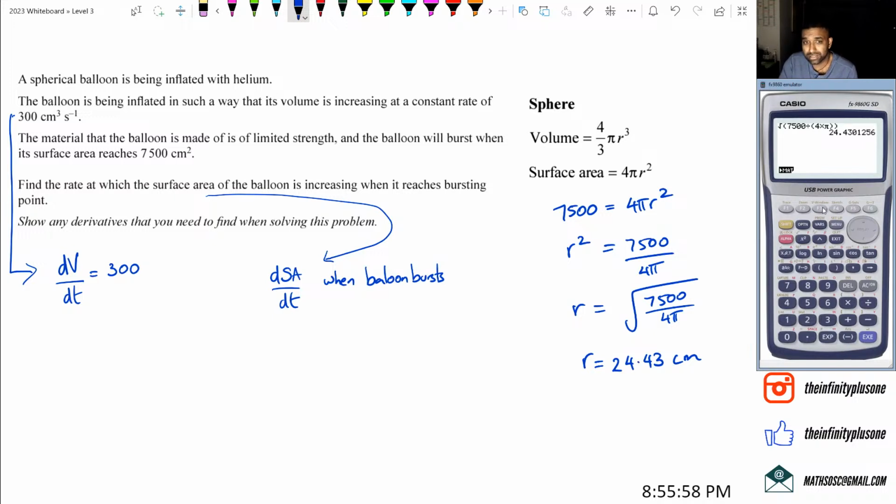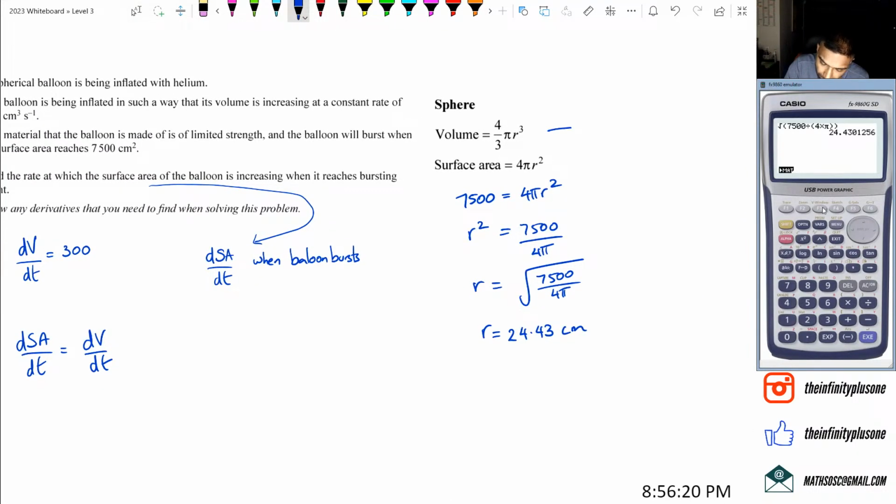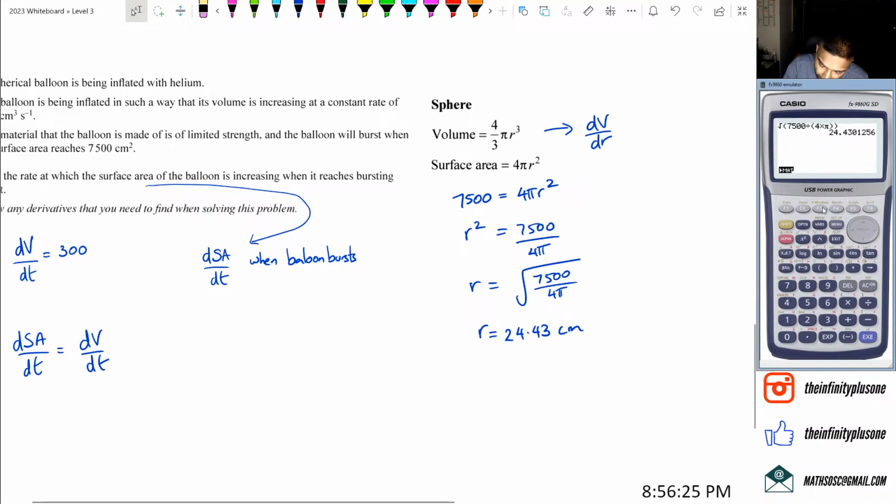All right, now I've still not started this question. Remember I told you guys this: we've been given dV/dt, and we need to figure out what dSA/dt is. So I'm going to write that down here. dSA/dt equals dV/dt, because I already have dV/dt. I know that I have volume and also surface area. If I differentiate volume, I get dV/dr, and if I differentiate surface area, I get dSA/dr.